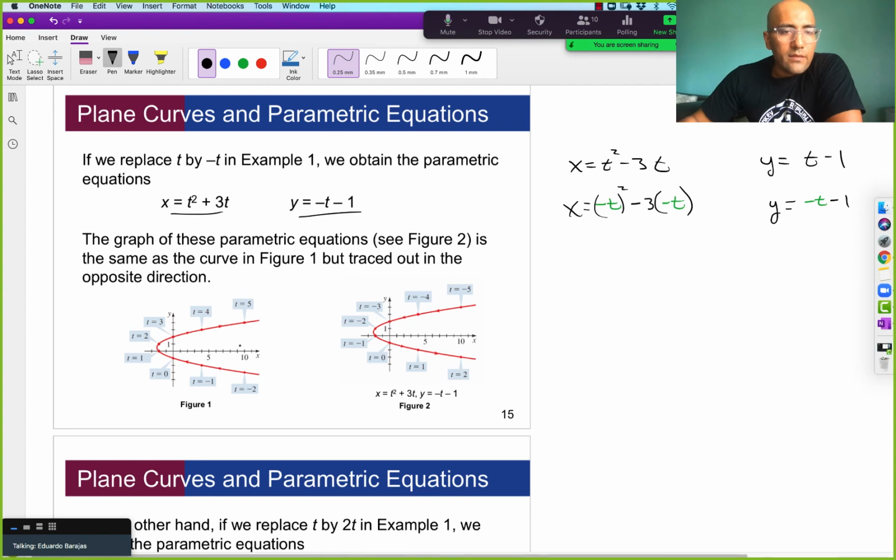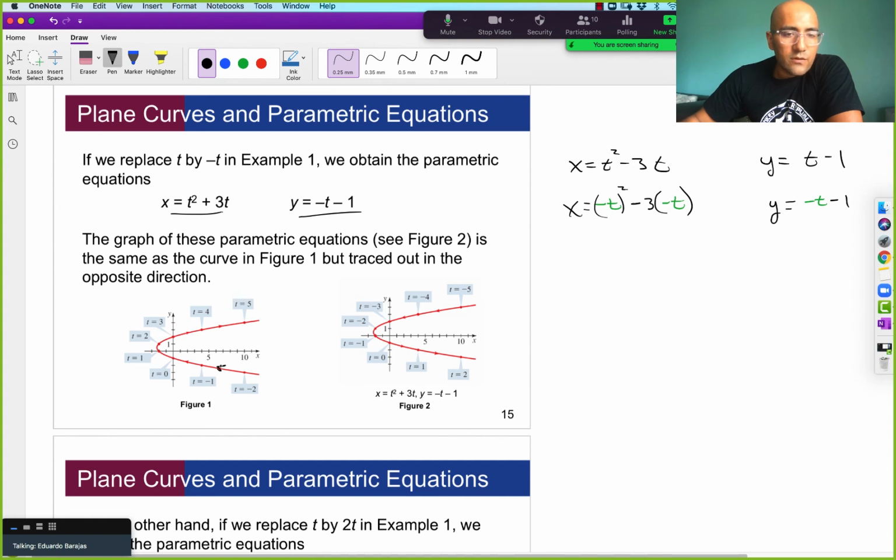So now if we graph these, the graph of these parametric equations is figure 2, so that's this one over here, and you get the same curve, but traced out in the opposite direction. So replacing t by negative t is going to give you the exact same picture, except that here it traces in this direction, right?